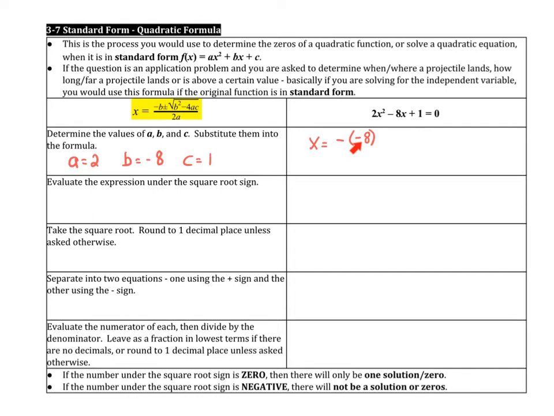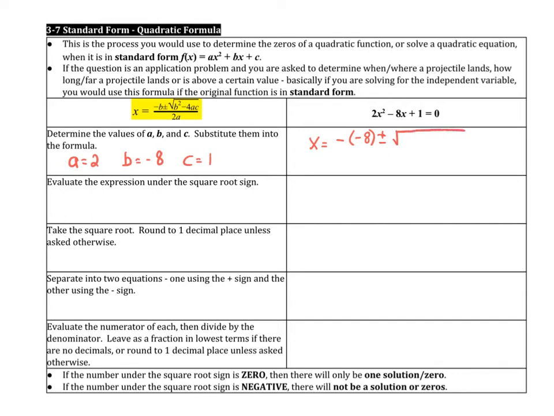So be careful of those negatives. That negative is not the same as that negative. And you have the plus or minus symbol, so you should be used to the plus or minus idea from Unit 1. The plus or minus is what's going to give us our two solutions. One solution will be found using the plus, one solution will be found using the minus.